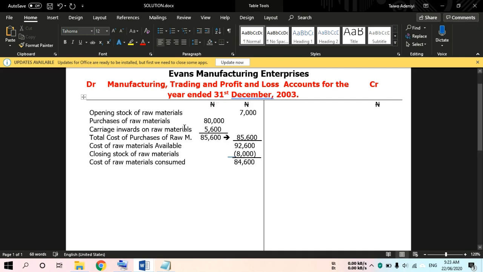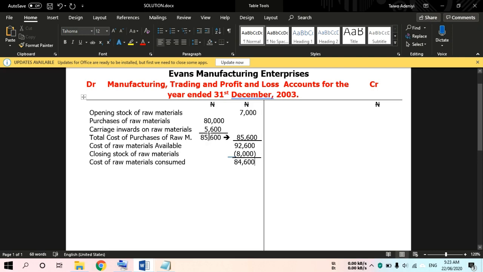Let me go over it again. We have the opening stock. Here we have the purchases of raw materials. That's 80,000 given in the question. And the reason why we are putting it here is because we are given carriage inwards on raw materials, which is 5,600 naira. Then you add the two together to get what we call the total cost of purchases of raw materials, and that gives us 85,600 naira.